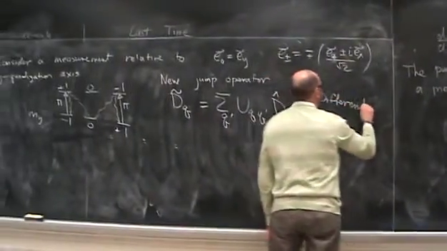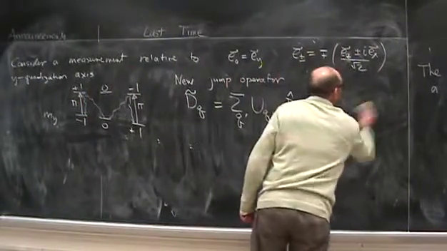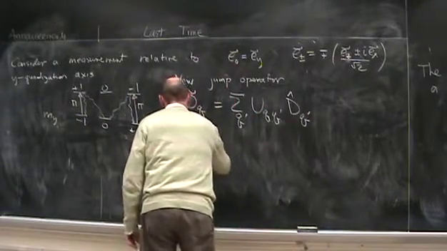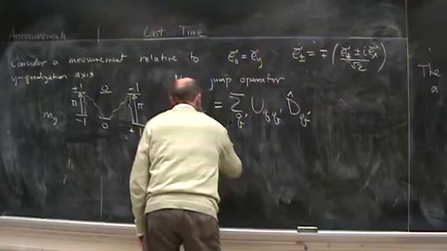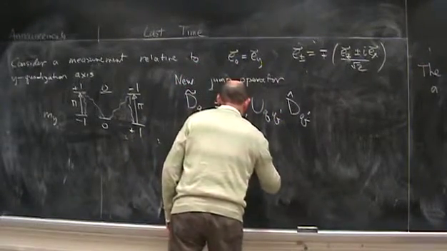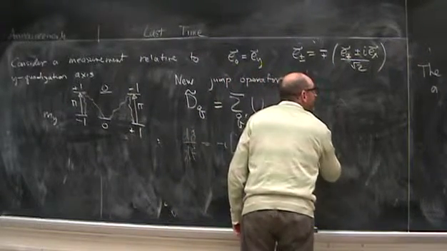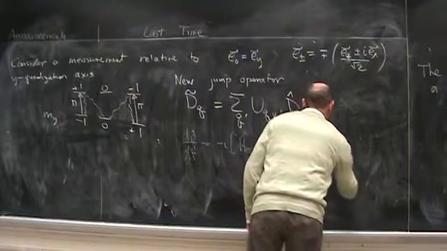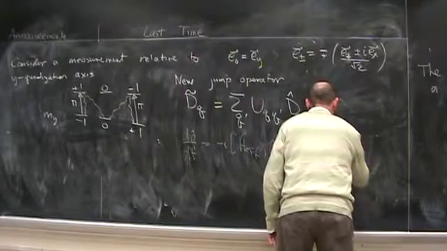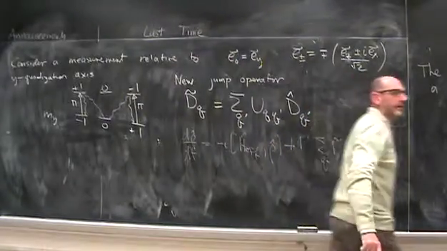I claim that if I do this, it's easy to prove because these are unitary, it's the same master equation, just now written with respect to a different set of jump operators.